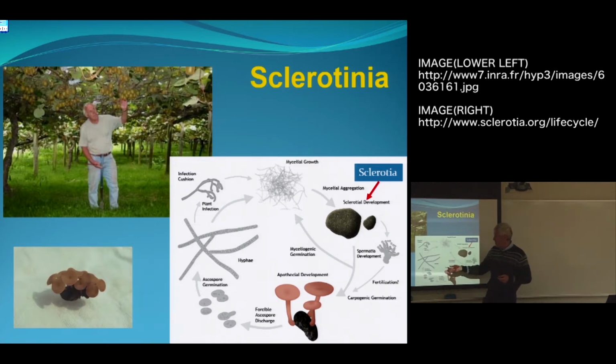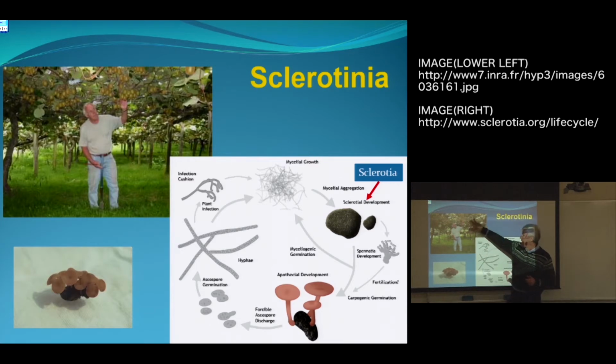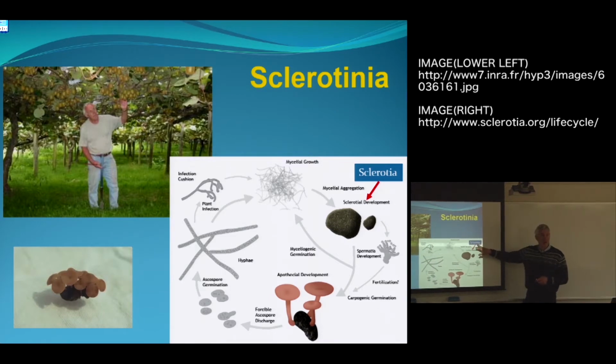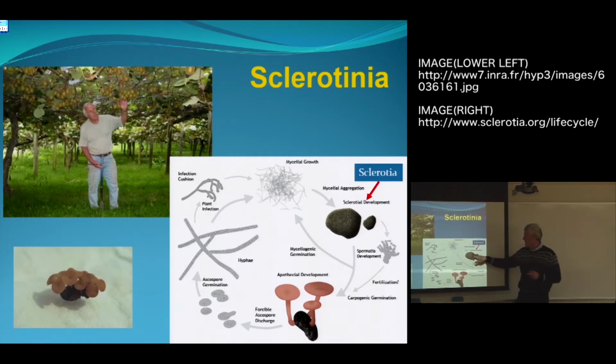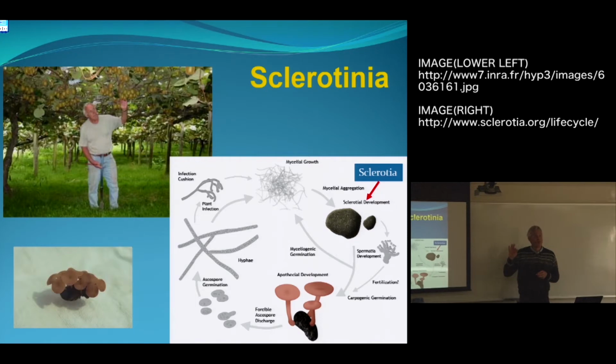In the early spring, this mushroom grows and sends out spores, and these spores then infect the flowers and the fruit and cause a lot of damage. Then in the autumn, it produces sclerotia. Sclerotia are very hard, small things that drop into the ground, and they are asleep during the winter. And then in the spring again, they come back up. So this research is looking at sclerotia and the importance of sclerotia.